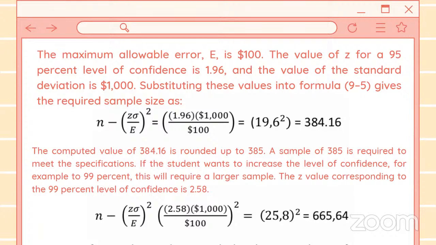If the student wants to increase the level of confidence, for example to 99%, this will require a larger sample. The C value corresponding to the 99% level of confidence is 2.58. And here is the solution.